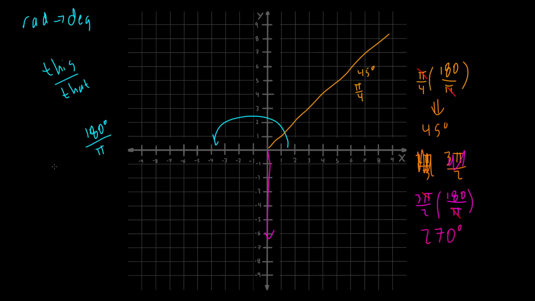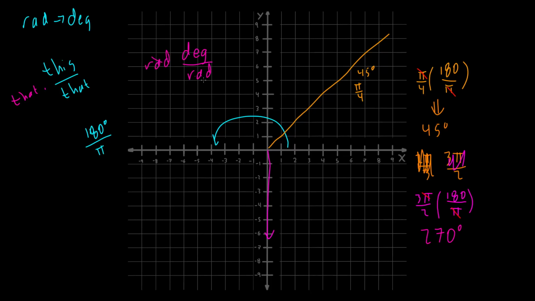And so remember, you have this times that, and then you're going to have another that here, because you want this to cancel that, right? In this case, you want degrees over radians times your unknown amount of radians.